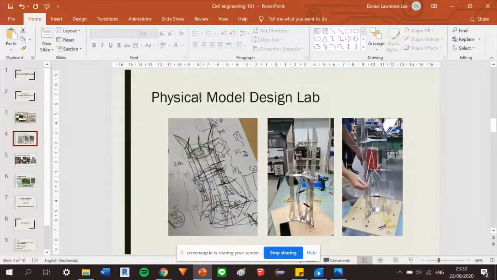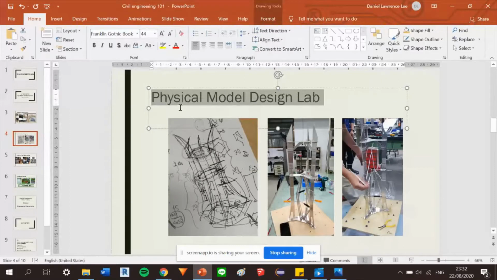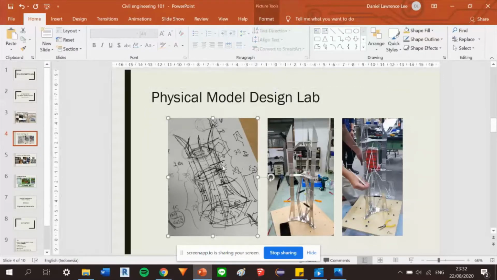And then in the second semester, you will learn about Physical Model Design Lab. It's basically similar, but this time you're going to make things with aluminum. So this is aluminum. First of all, you need to come up with a design, and then you do a lot of processes to turn this design into something real.